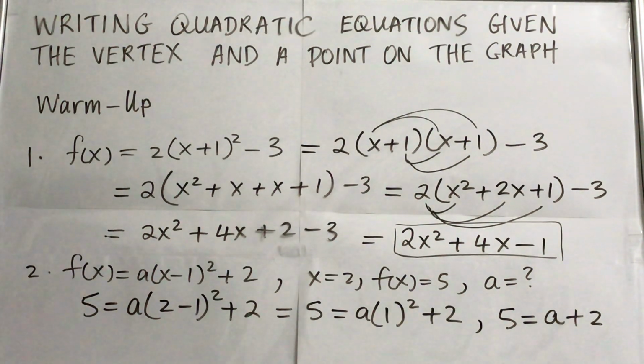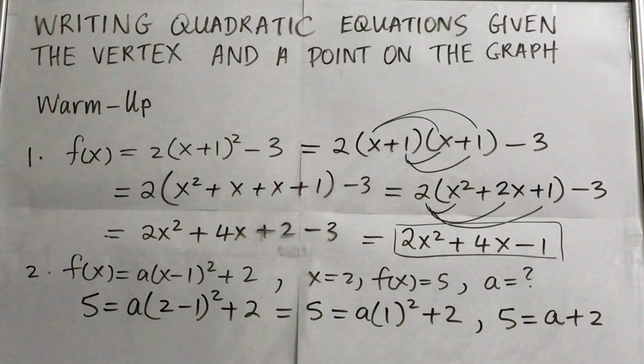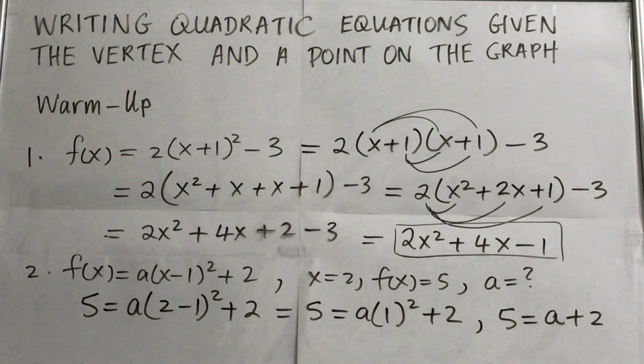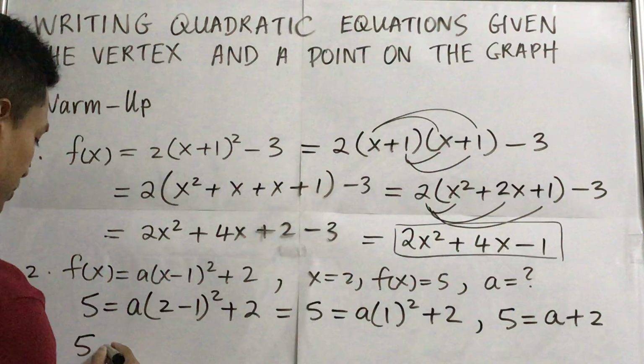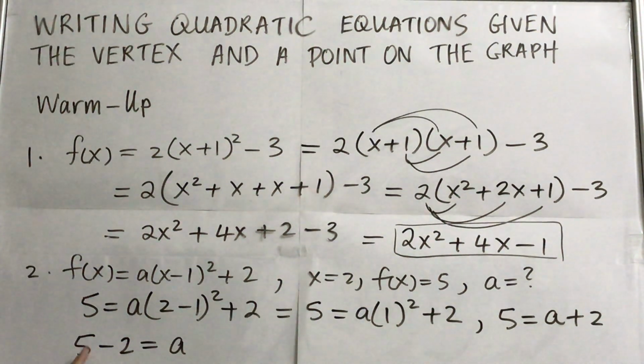Now, what do we have here? We need to solve for a. We need to get a by itself. So this is a simple one-step solution. What do we do to both sides of the equation? We have a +2. We need to subtract 2 from both sides, or you can bring the +2 to the other side and let a be all by itself.